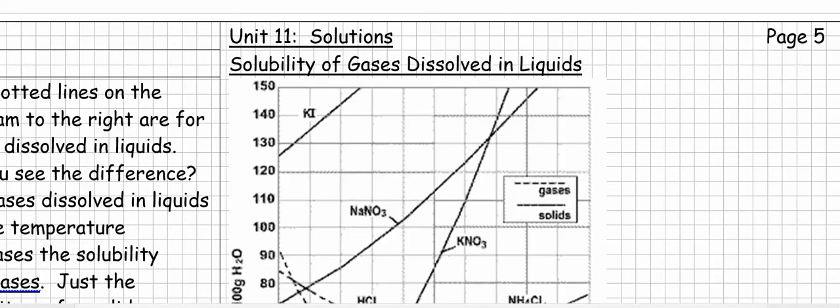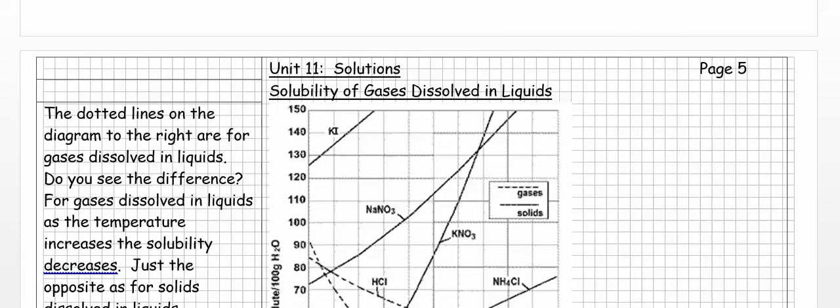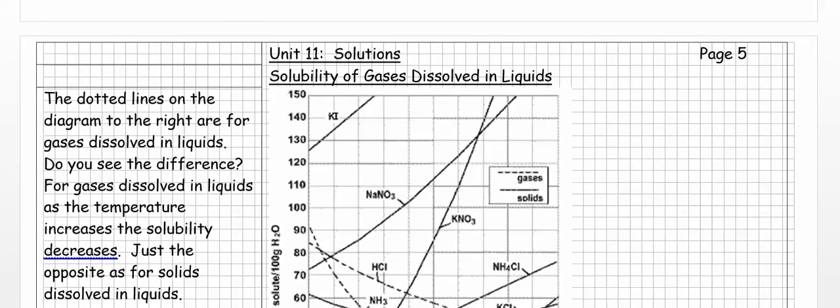Solubility of gases dissolved in liquids. So we've talked about the solubility of solids dissolved in liquids. Now what we're going to talk about is gases dissolved in liquids. The dotted lines on the diagram to the right are for gases dissolved in liquids. Do you see the difference? For gases dissolved in liquids, as the temperature increases, the solubility decreases.